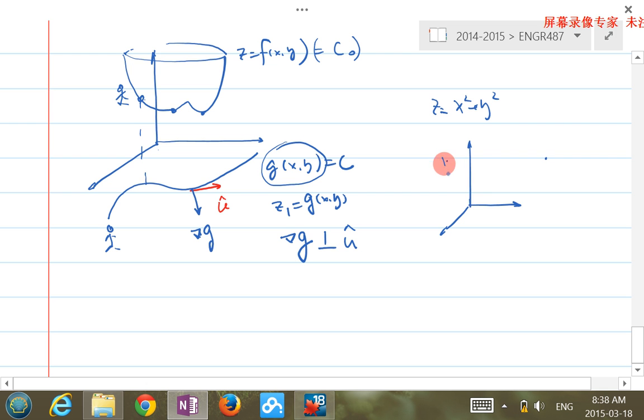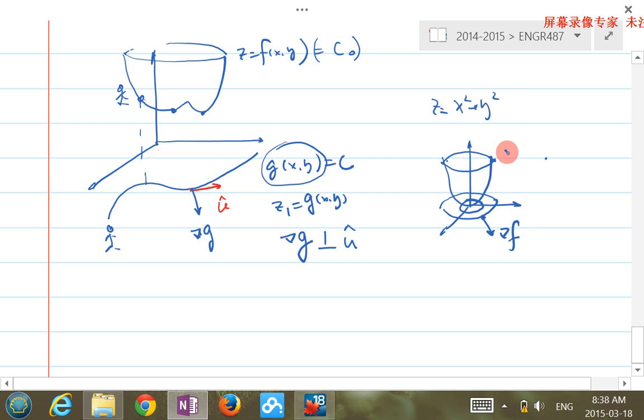It's what we call a paraboloid, and if you drop this paraboloid to the xy plane, you get a whole bunch of circles. That's called a contour curve. If you pick a point, then you draw the gradient vector del f.